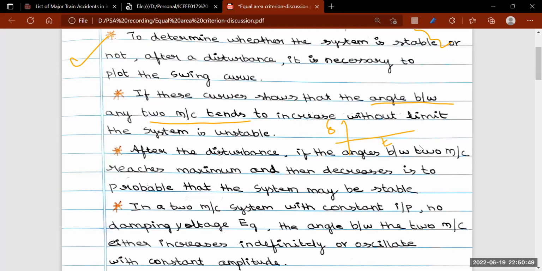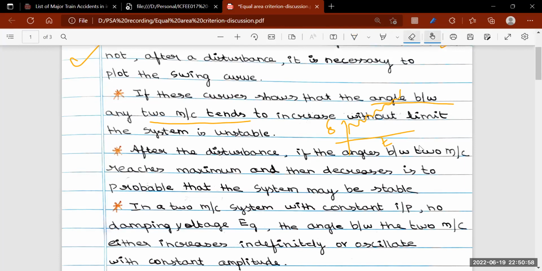If there is a continuous increase in the swing angle or the swing load angle, then we could say that the system is unstable.